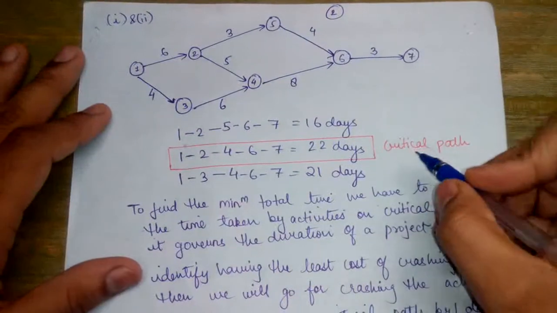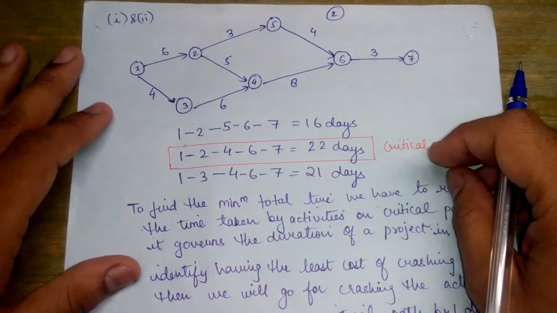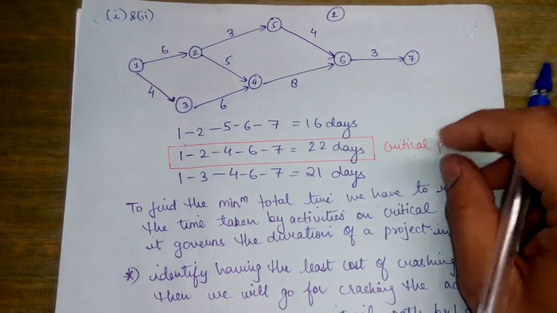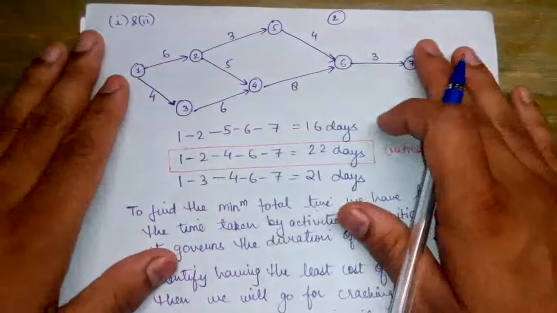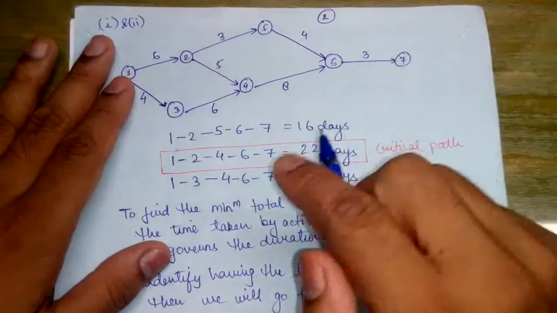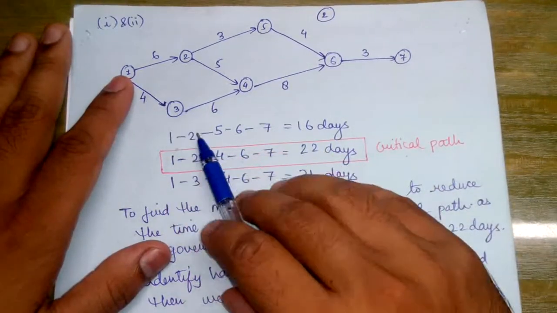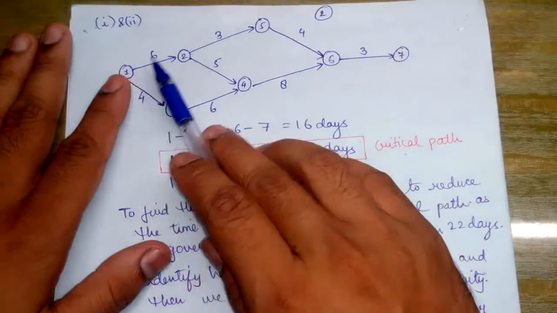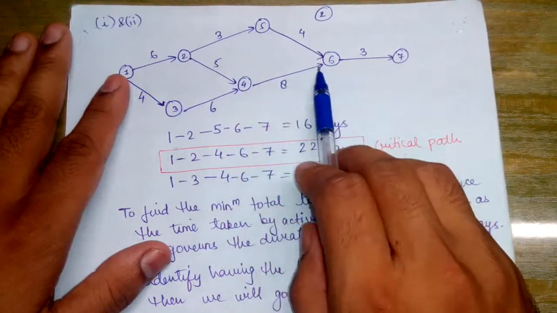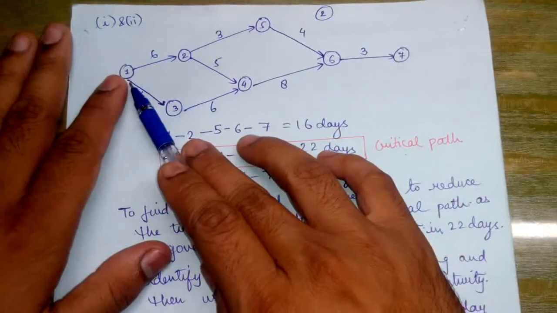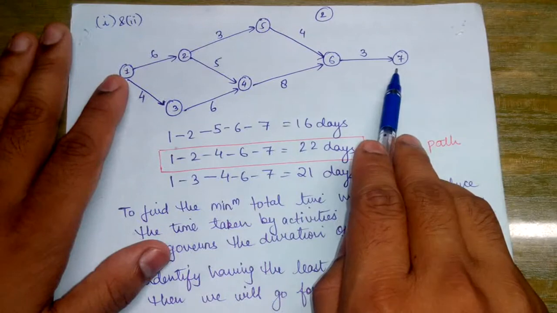Now we will find out the critical path. Since the network diagram is not very branched, we can simply write down all the possible ways, that is from 1 to 2, 2 to 5, 5 to 6, 6 to 7. Ultimately the initial point is 1 and the final point is 7.